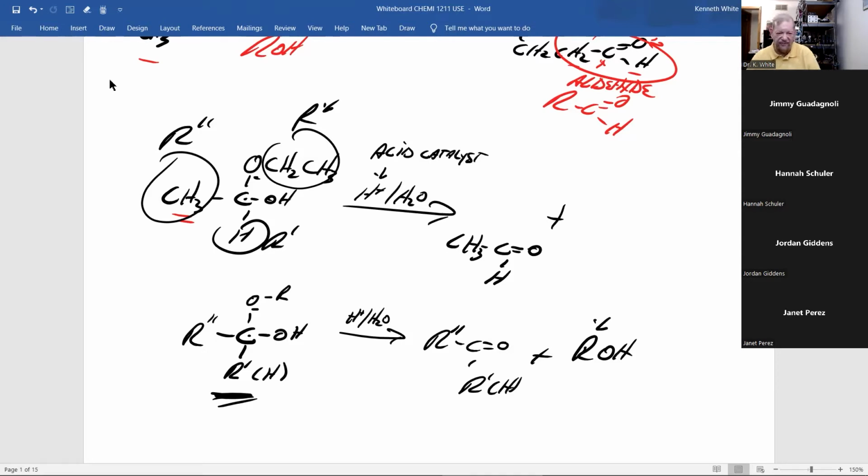Listen carefully. The carbon with the oxygen is the carbon this hydroxyl group will be on. The carbon with this oxygen here will be the carbon, the hydroxyl. Well, in this case, there's only two carbons. So, and that's what you get.